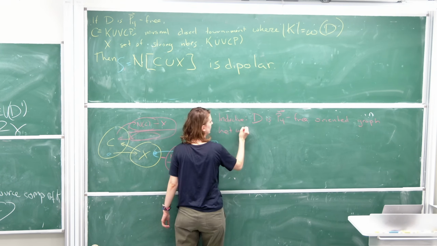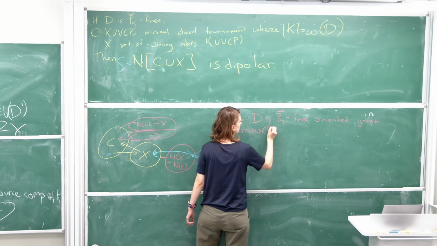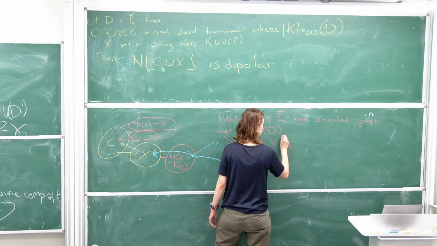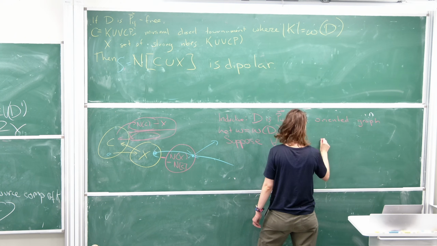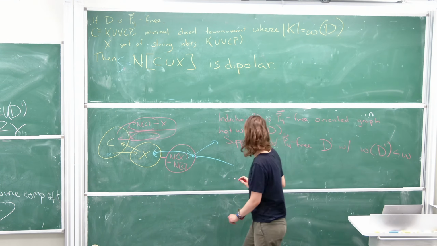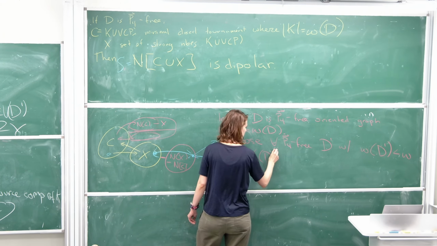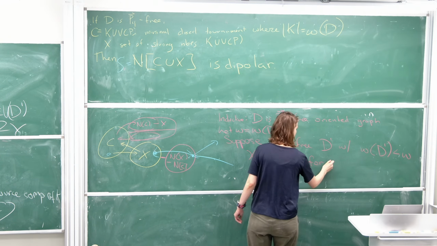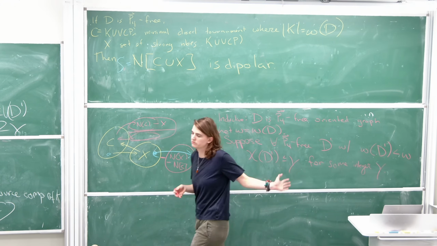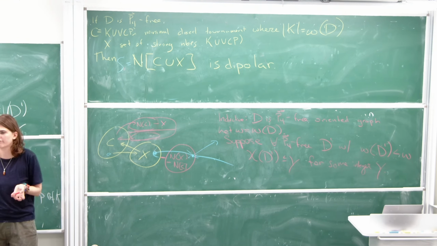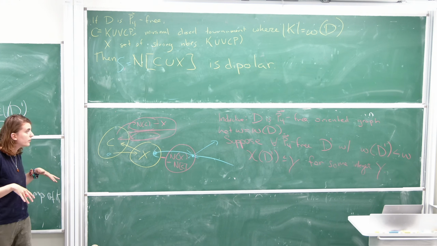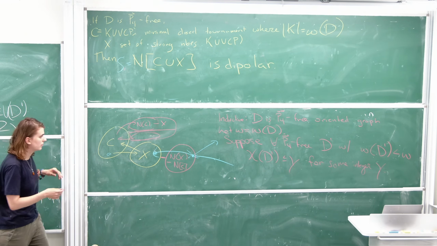And then we'll let omega denote omega of D. Suppose we have some digraph and we're assuming everything that's P4 free with a smaller clique number has a bounded dichromatic number.